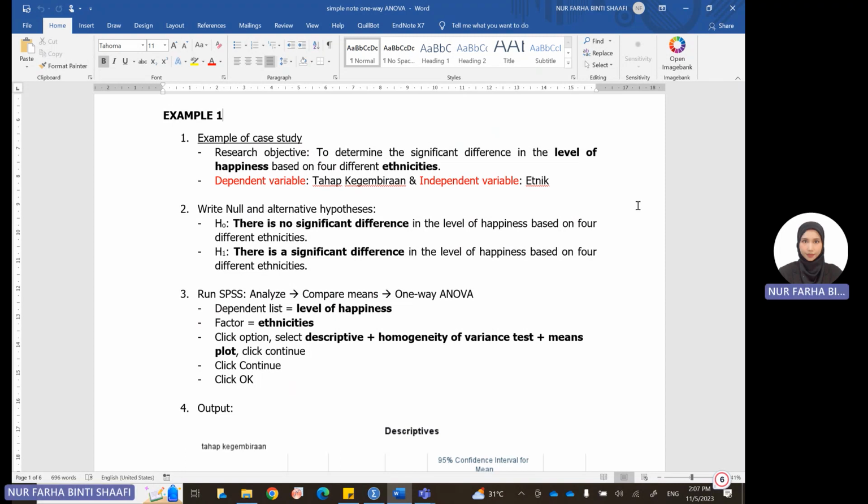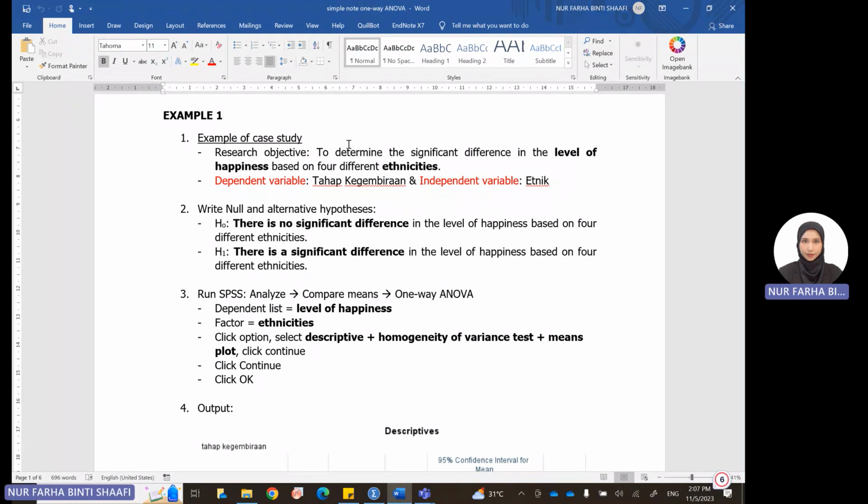All right, we go to example one. If I'm not mistaken, I have also uploaded an example data set for SPSS in your ITEL. Open that data set. We have two examples for one-way ANOVA. Example one is a case study.